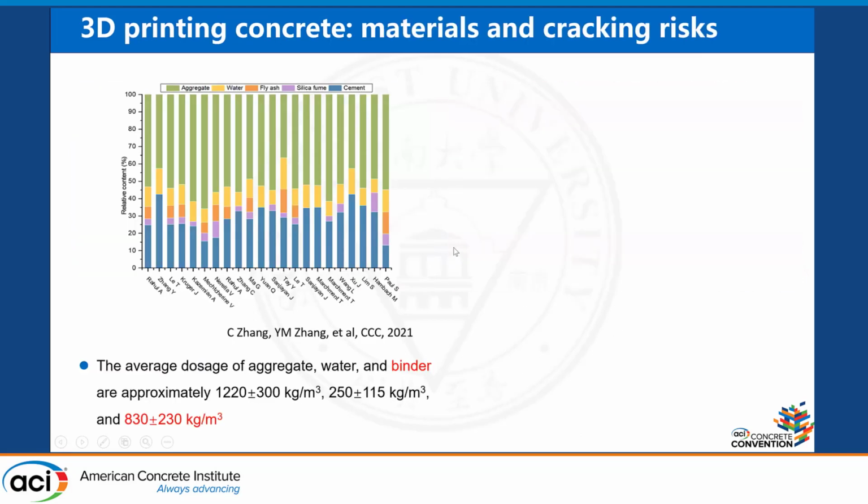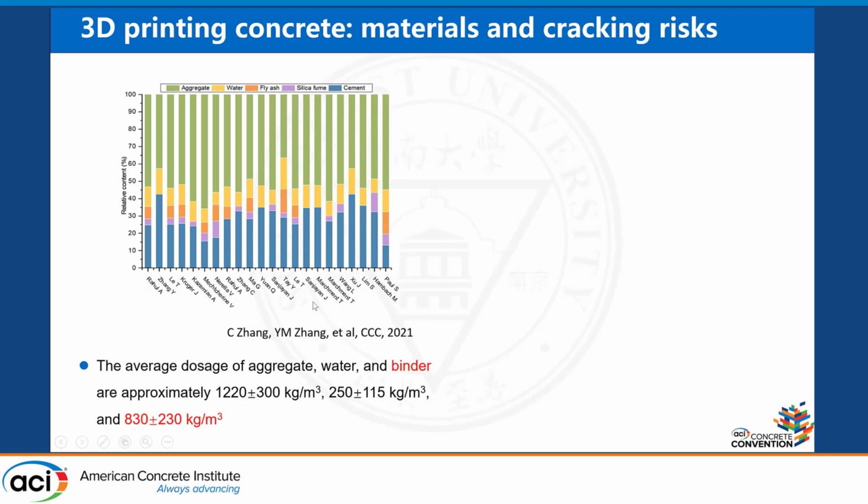Another issue about 3D printing concrete is the mixture we normally use. We have done a statistic about the mixture of normally used 3D printing concrete. We found that most of the concrete used are mortars without any aggregate. Of course, this technology is developing very quickly, so there are some published papers about the use of coarse aggregate now, but in early works, we mainly used mortars.